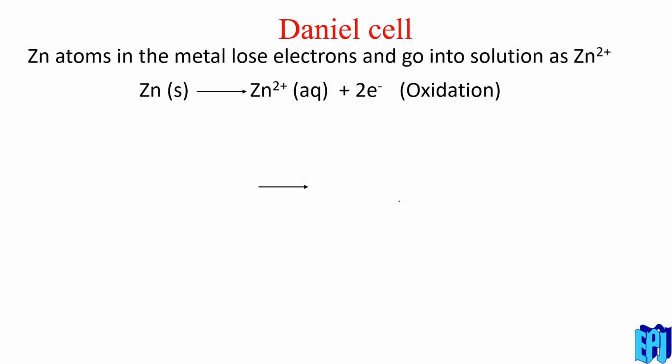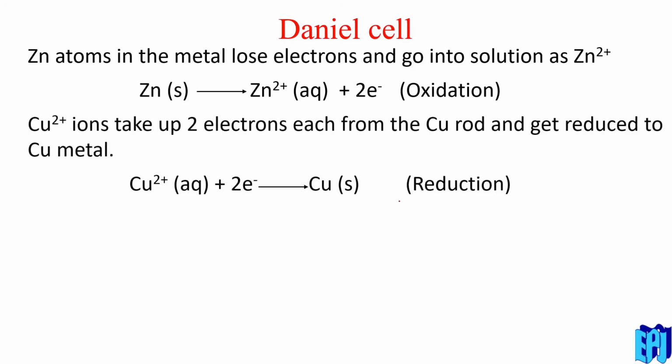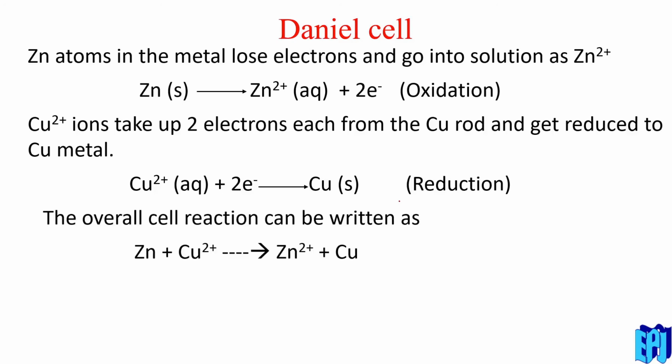And Cu2+ undergoes reduction by accepting 2 electrons, going to the metal state, that is copper in the 0 state, reduced to copper metal. The reaction can be represented as Cu2+ plus 2 electrons gives Cu. So the overall cell reaction can be written as Zn plus Cu2+ gives Zn2+ plus Cu, because we just add both equations.